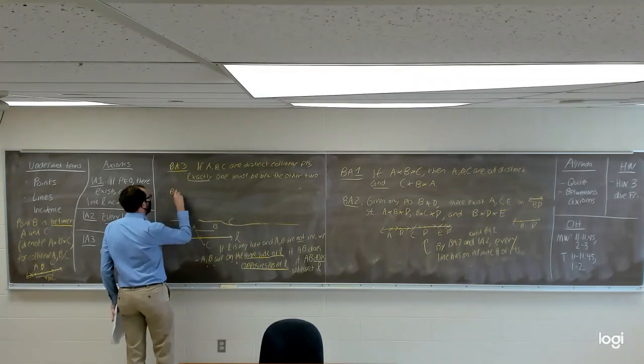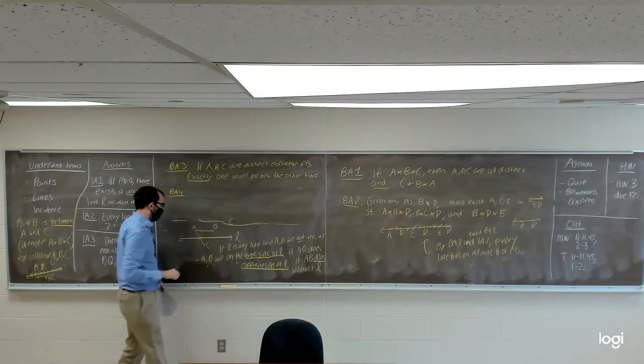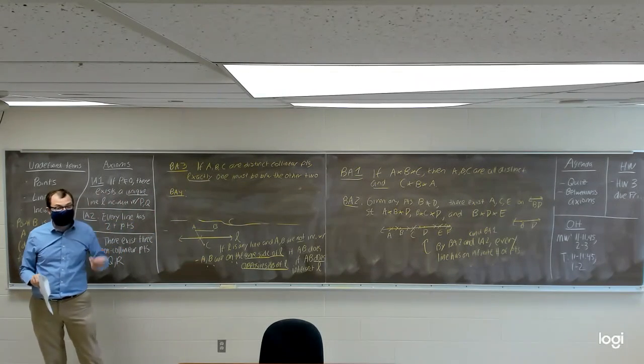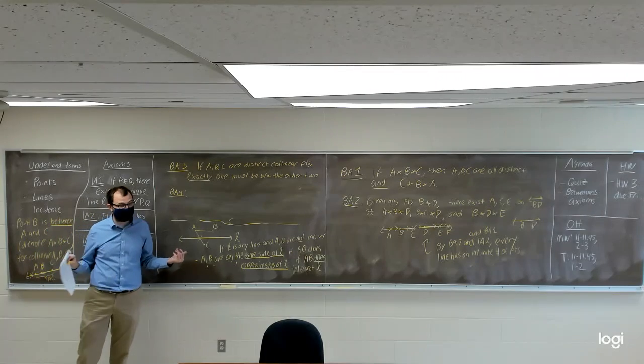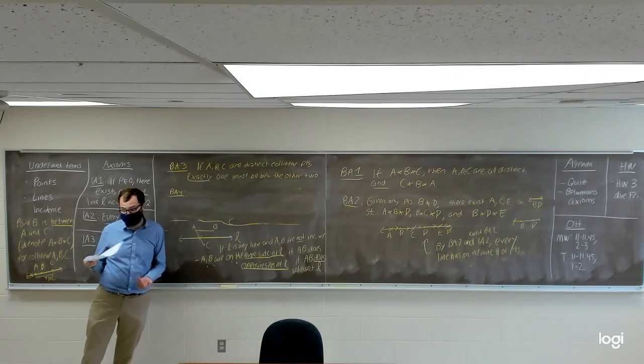And finally, betweenness axiom 4 is going to relate to this definition that Jared had proposed of what it means for points to be on the same or opposite sides of a line.